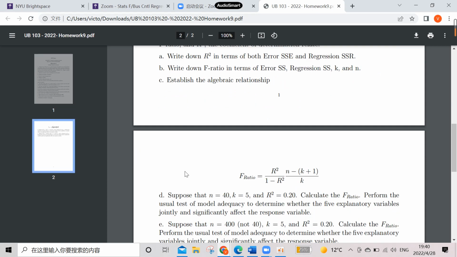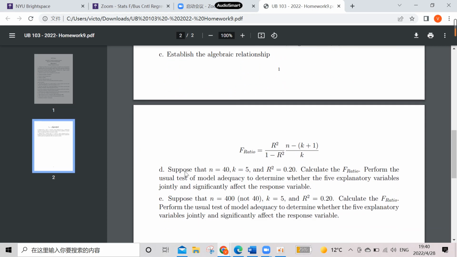Okay, the null hypothesis of the last homework is whether the 5 explanatory variables jointly and significantly affect the response variable. So the null hypothesis is whether my model is good by using 5 explanatory variables, which are the predictors in the language of Minitab.